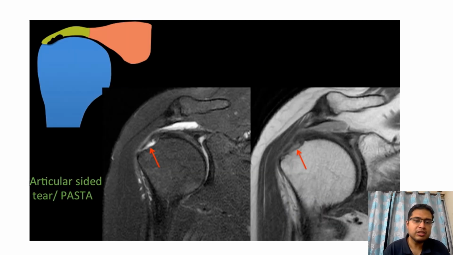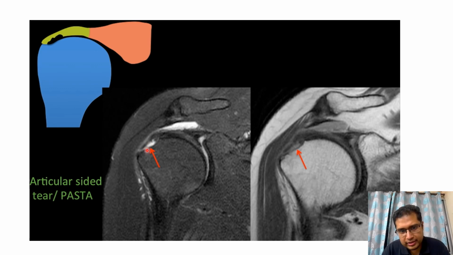Now coming to the first subtype of partial tear, that is the articular surface tear. As we can see, the signal here is similar to the signal of the bursal fluid, so it is actually a tear, but the entire tendon is not disrupted. Only a part of the tendon is disrupted, and that is the tendon which is attaching to the surface of the humerus. So this is the articular sided tear, also called PASTA, partial articular surface tendon avulsion.